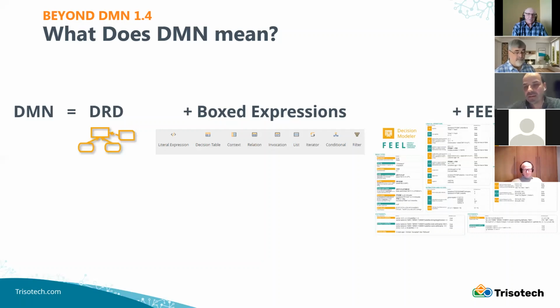You can express it in a decision table, but it does not look nice, and there are plenty of scorecard examples available from different vendors. And the third example was decision tree. Yet again, this is another form of expressing your logic. So my question was, are there any plans to add other forms of boxed expressions to express logic in these forms? There's no plans, but we're certainly open to it.